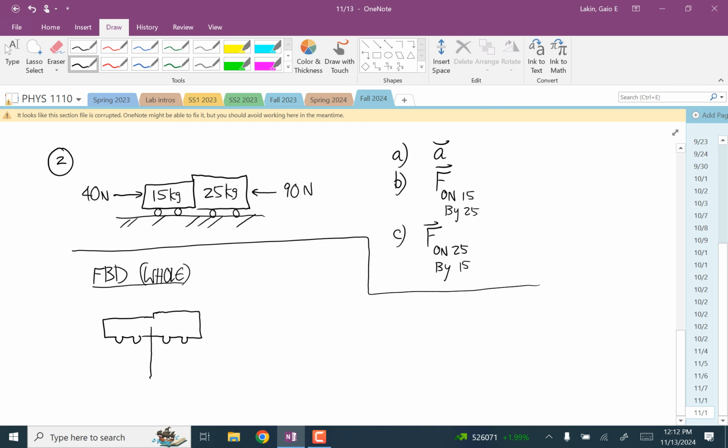The total mass is 40, so the weight is 40 times 9.81, so 392.4. And then we have an upward force on the wheels of N total, and then the 40 and the 90.